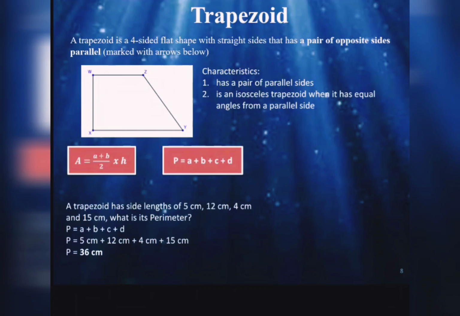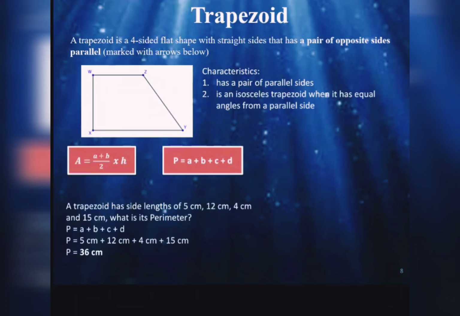The formula of a trapezoid: the area is side plus side over 2 times height. And the perimeter of a trapezoid is the sum of all sides.